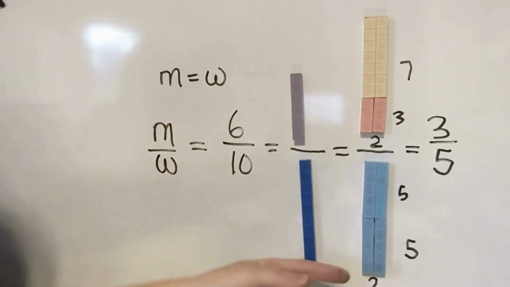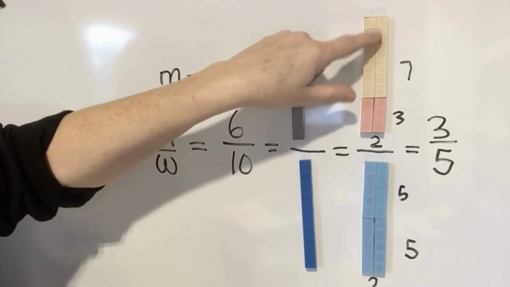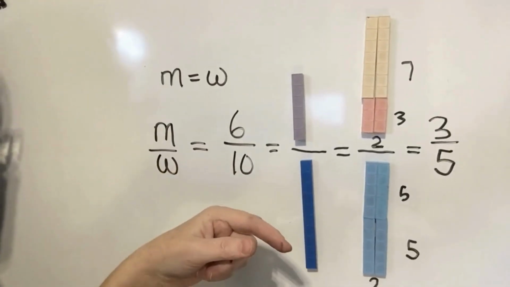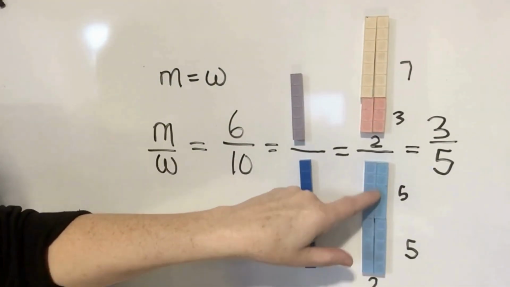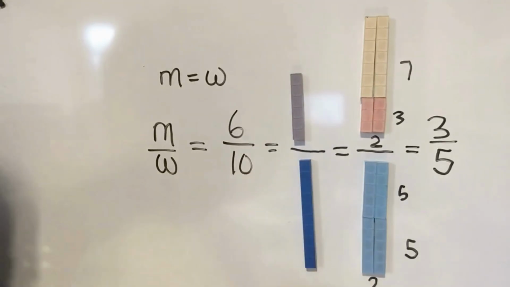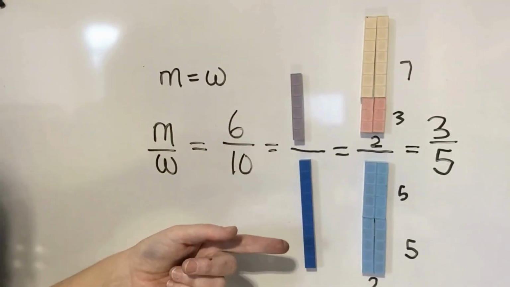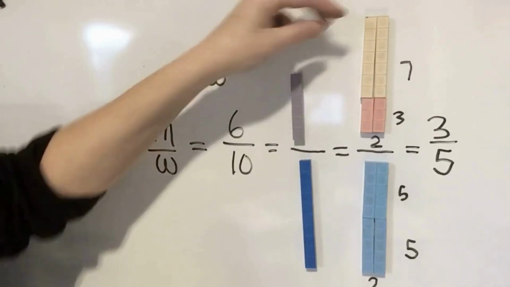If you look at the amount here, you've got 2, 4, 6, 8, 10, 12, 14, 16, 18, 20. And down here, you've got 2, 4, 6, 8, 10, 12, 14, 16, 18, 20. So you've got equal amounts now on the top and the bottom. This is what you're actually looking for.